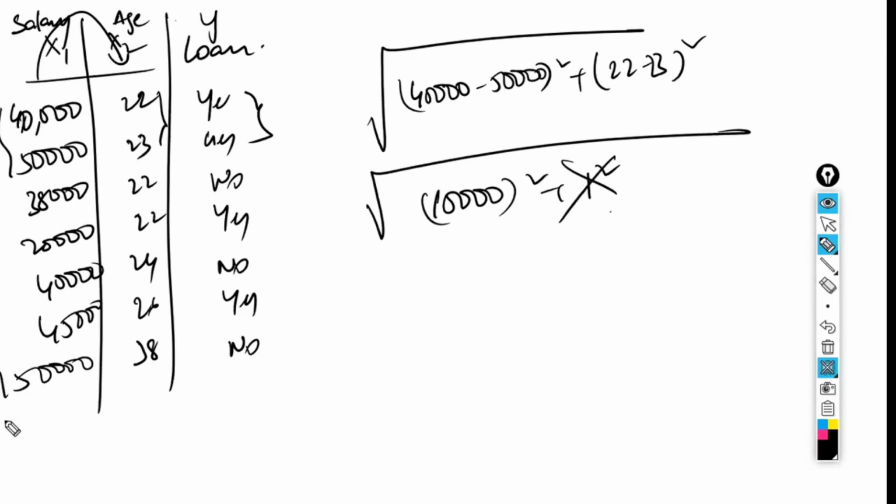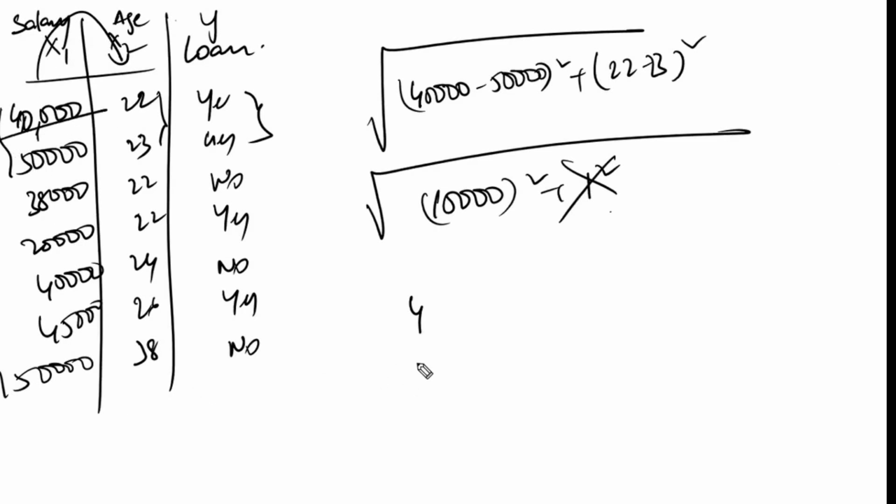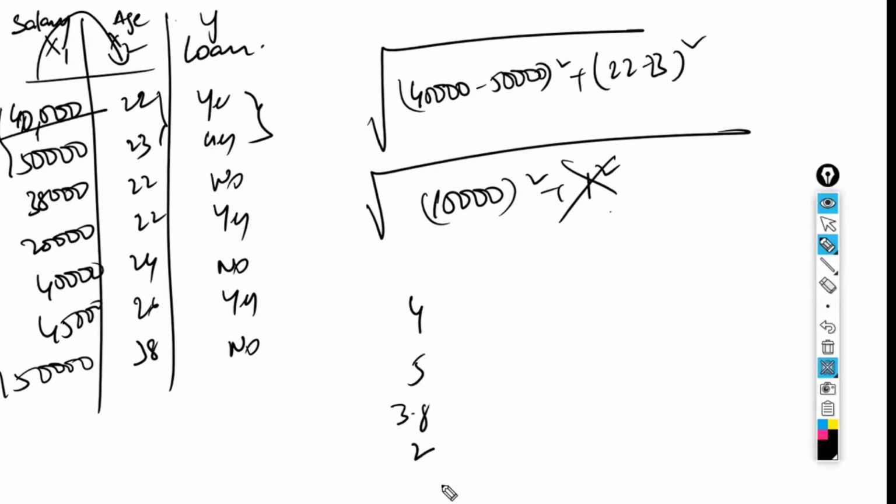That means we have to do the scaling. If you do the scaling, for example, I have divided by 10,000: 4, 5, 3.8, 2, 4, 4.5 and 15, and ages 22, 23.